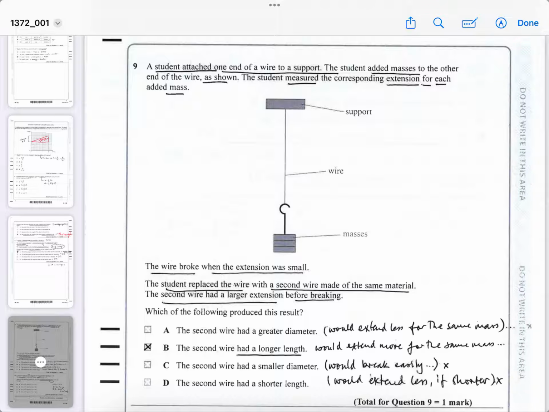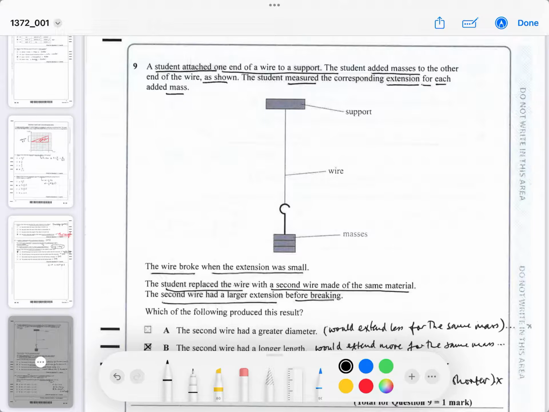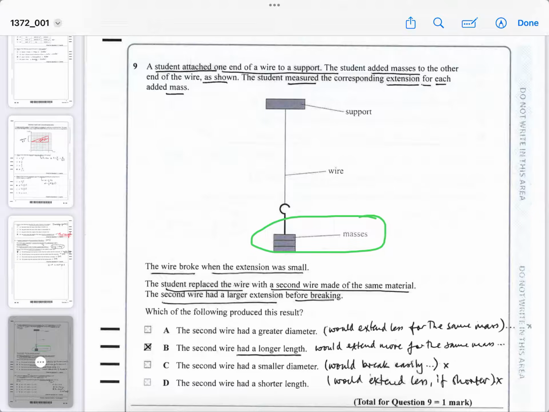And the second wire, so A says the second wire had a greater diameter. Well, if it had a greater diameter, it would extend less for the same mass. But they haven't clarified. So I'm assuming that we're using the same amount of mass as comparison to be valid, to make the experiment a fair test. They haven't explained exactly what the conditions are.